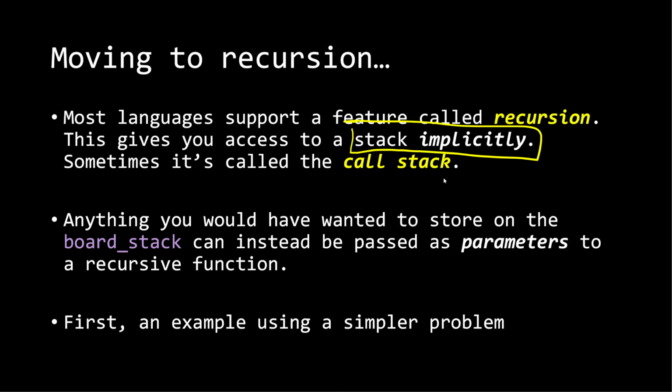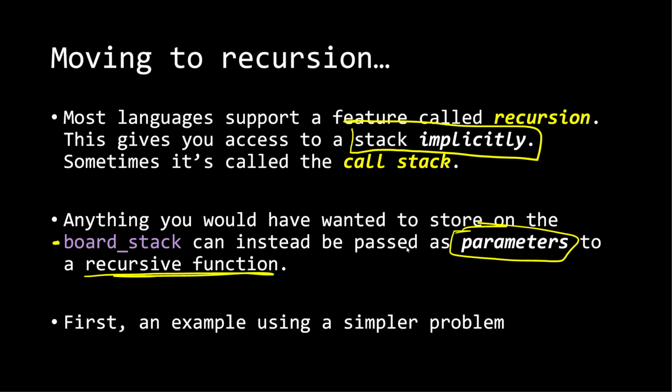But instead of using an explicit stack, so instead of having to create that board stack structure, we're going to leverage the parameters on the call stack, which I hope you're familiar with, but we're going to get into the details with a very simple example. Anything you would have wanted to store on this board stack, like those board state objects, can instead be passed as parameters to the recursive function.